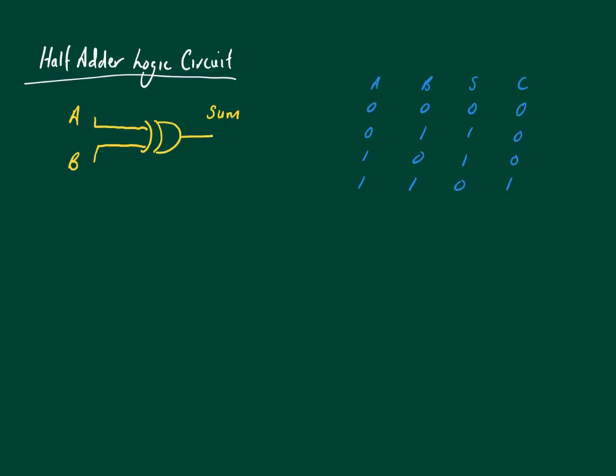So to add this to our logic circuit, we just have to take a little break off from A and B and feed it through the AND gate. And this is the carry. And that's your half adder logic circuit.